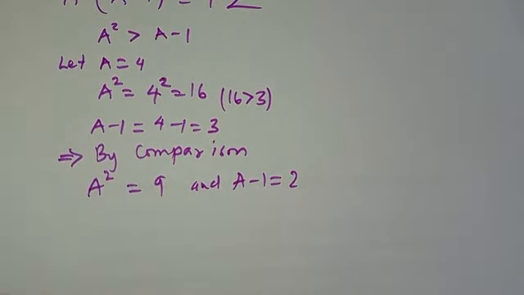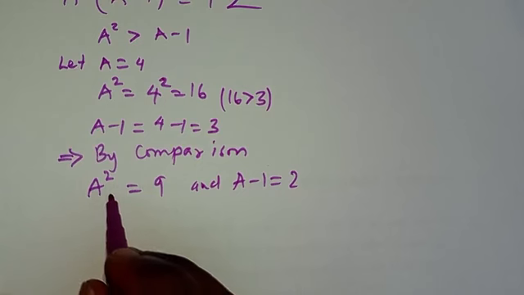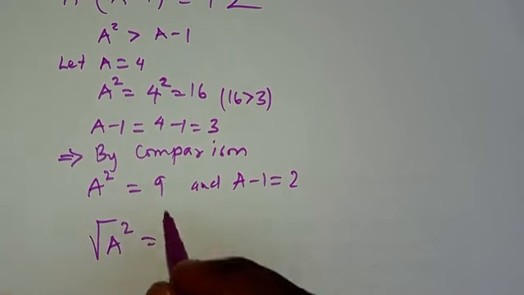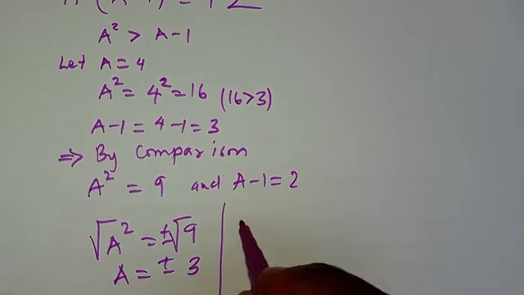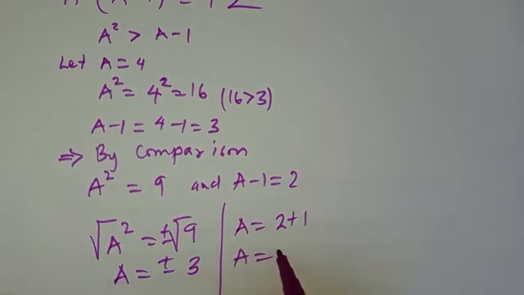So from here, if a squared equals 9, to get rid of this 2, we are going to take the square root of both sides, that is plus or minus the square root of 9. So we have a equals the square root of 9, which is 3. Then also here, a minus 1 equals 2, so a equals 2 plus 1, then a equals 3.